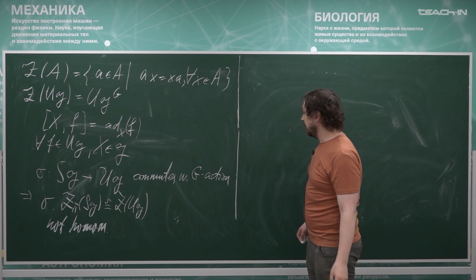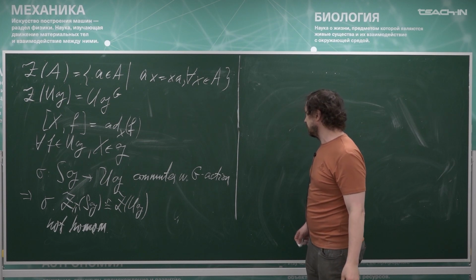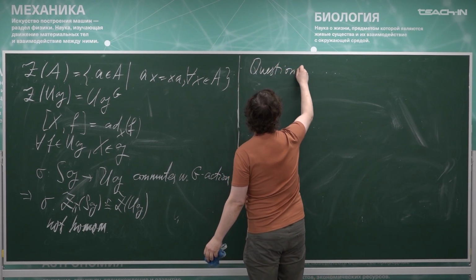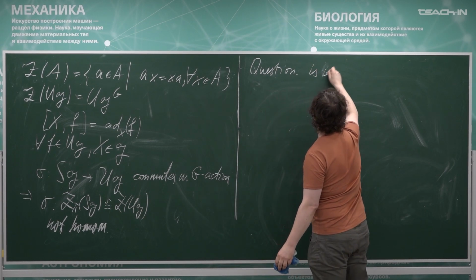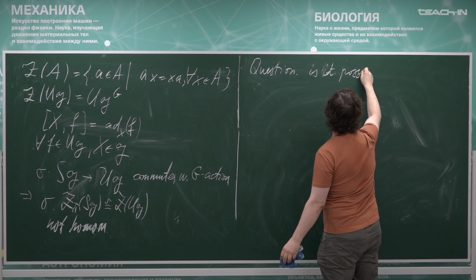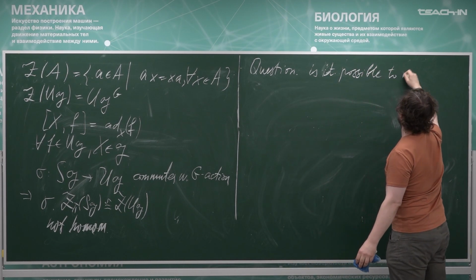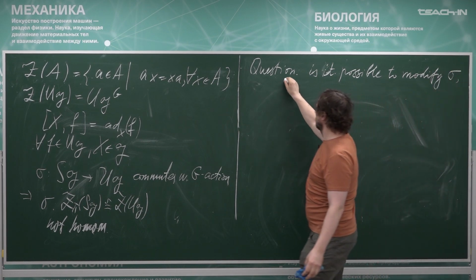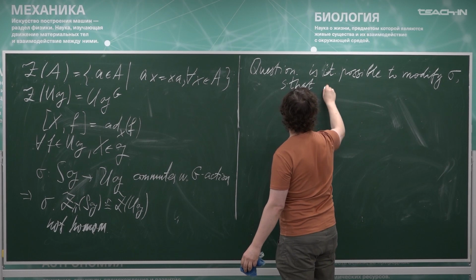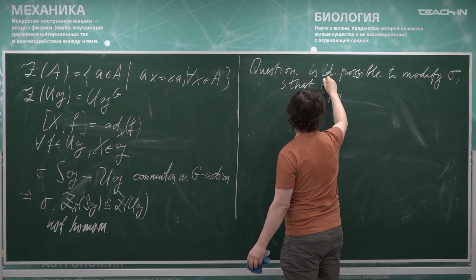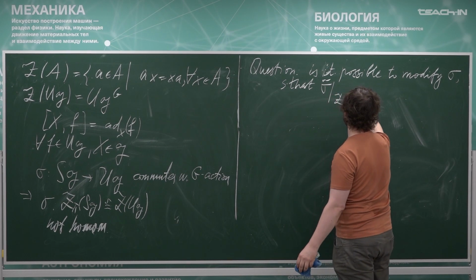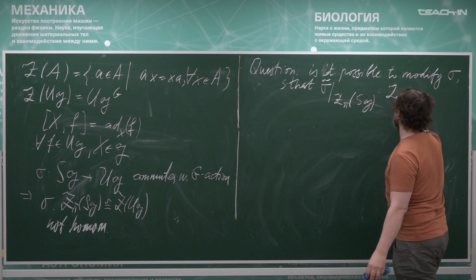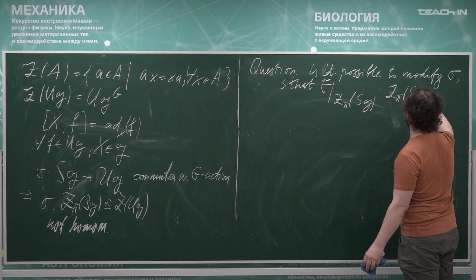So it's been a long-standing problem whether it is possible to modify sigma so that this new modified sigma restricted to the center gives you an isomorphism of algebras.